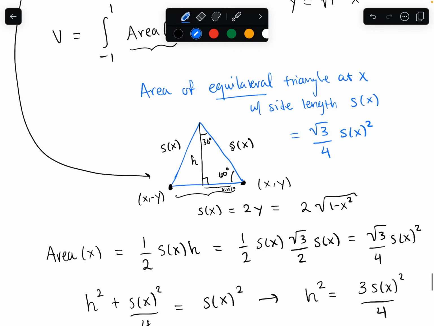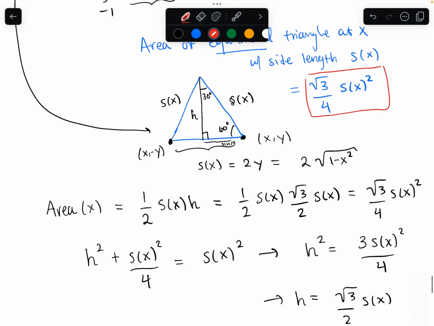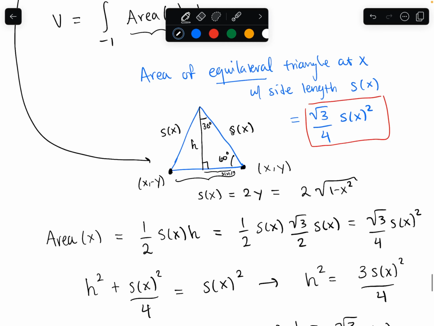Okay. So yeah, if you remember that, just jump straight to here. But if you're like me and you don't remember it, you just draw the picture and then you do the steps and you just remember it that way. Okay, so that's the area of that equilateral triangle.